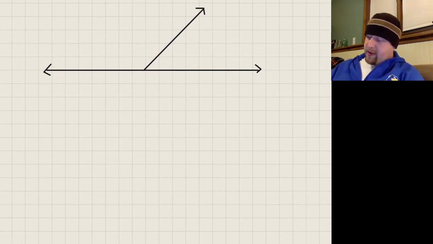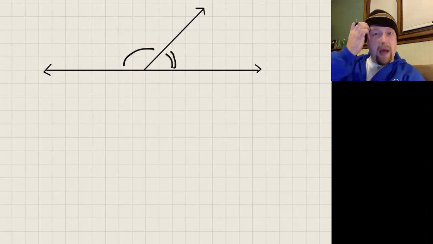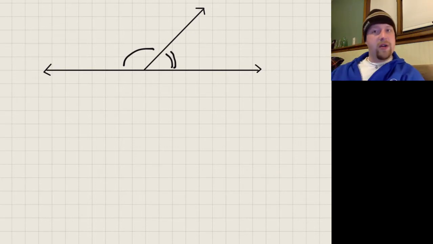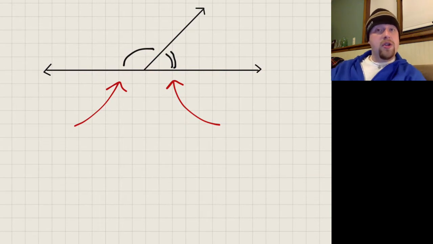And we have angles here, and we have angles here. Now, sometimes when we're labeling angles, we use arcs. And if the angles are different, the arcs are going to look different. So notice that there is an angle here that has one arc, and there's an angle here that has 2 arcs. Those 2 angles are different.